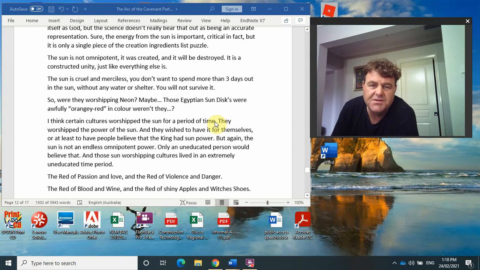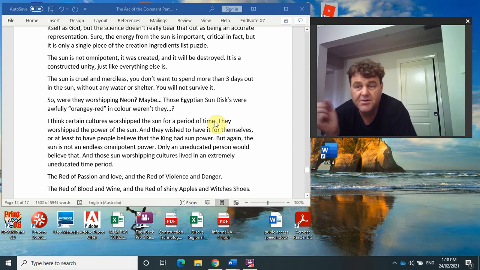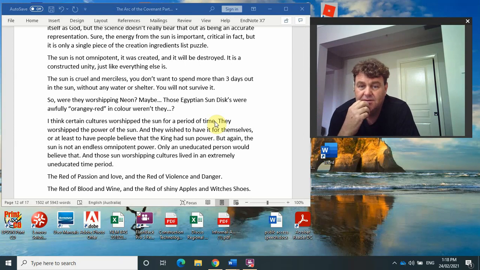I think cultures worshipped the sun for a period of time, and they worshipped the power of the sun, and they wished to have that power for themselves or for the people to believe that the leaders, the kings, had sun-like powers. But again, the sun is not an endless, omnipotent power, and only an uneducated person would believe that it was.